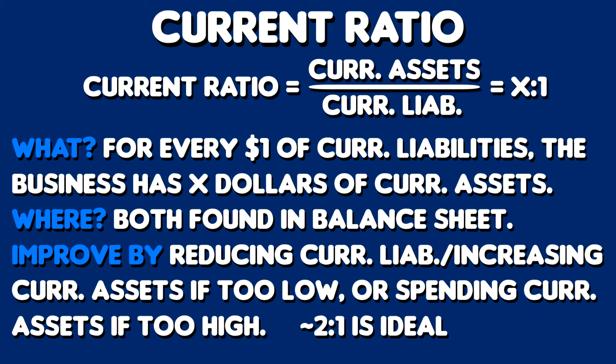But what can also happen is the current ratio actually being too high. So if the current ratio is sitting at, say, anything above 3, it means that you're not utilizing your current assets to help grow the business. So if the current ratio is above 3, you'll be looking to spend your current assets to help improve the business.